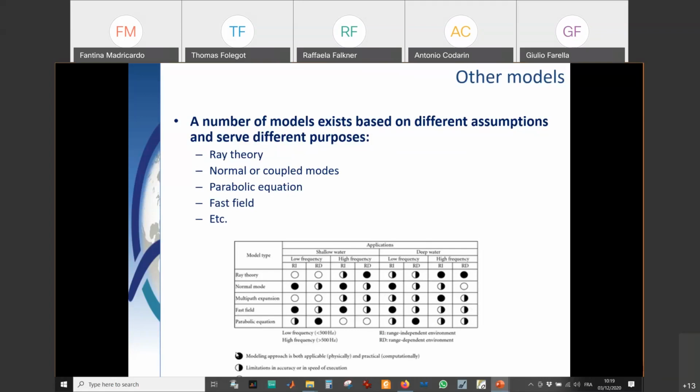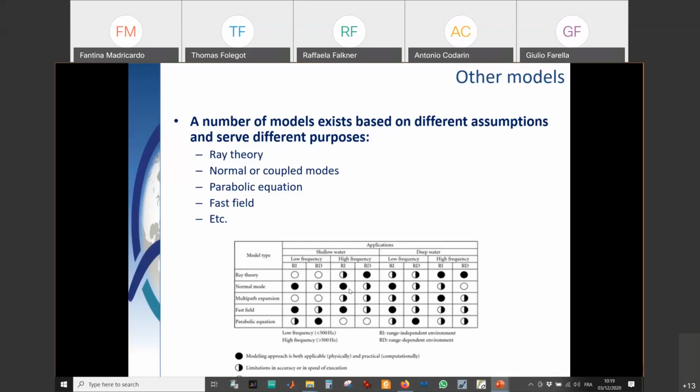All right, so you can see that. We use ray theory and parabolic equation, and actually we use parabolic equation in the low frequency bands, which is suitable for shallow water and deep waters. And we use ray theory in the high frequency, above 1 kilohertz and sometimes 2 kilohertz, depending on whether it's shallow or deep waters.